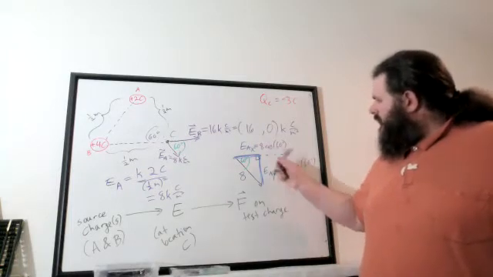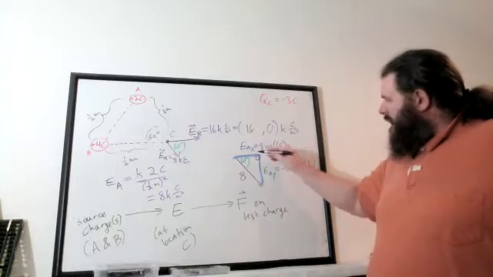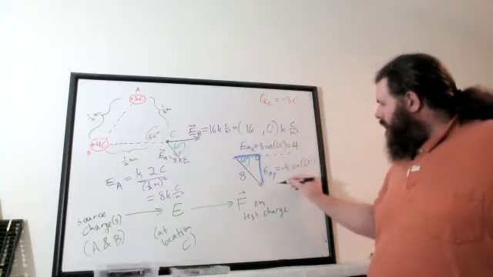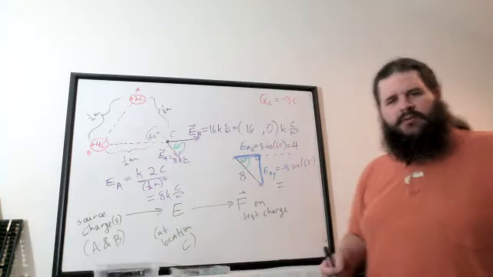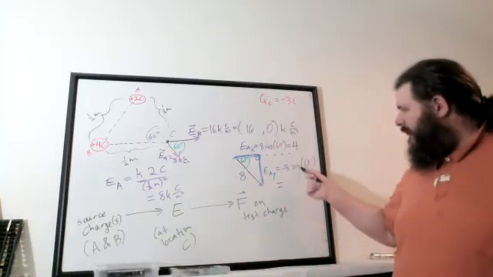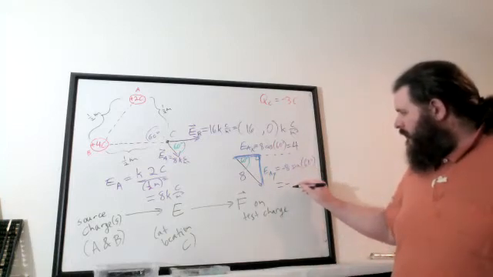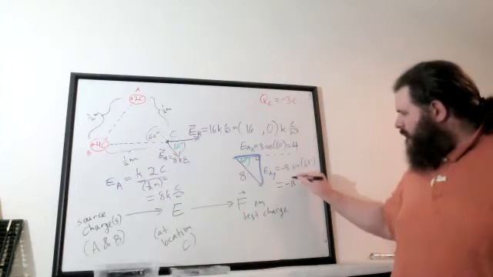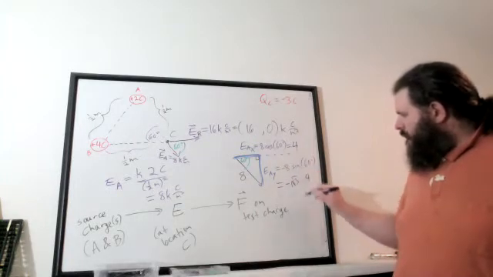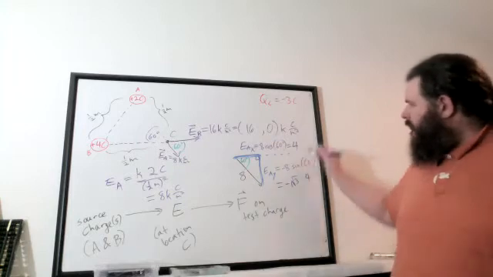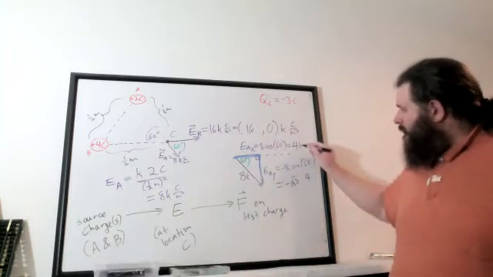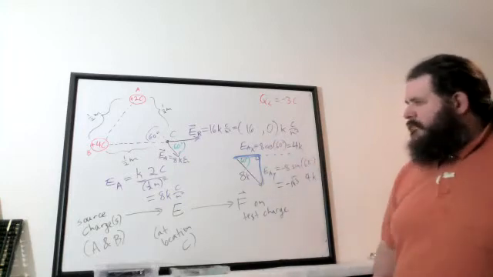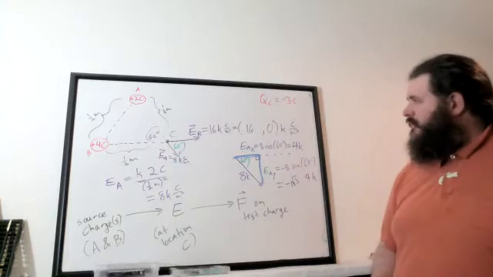Also, cosine of 60, I'm pretty sure, is just 1/2. So that's just going to be 8 times 1/2, so that's 4. Sine 60, I think, is root 3 over 2. So that's root 3 times 8 over 2, that's root 3 times 4, with a negative. And of course, these are also multiplied by K as well. So that gives us components for EA.